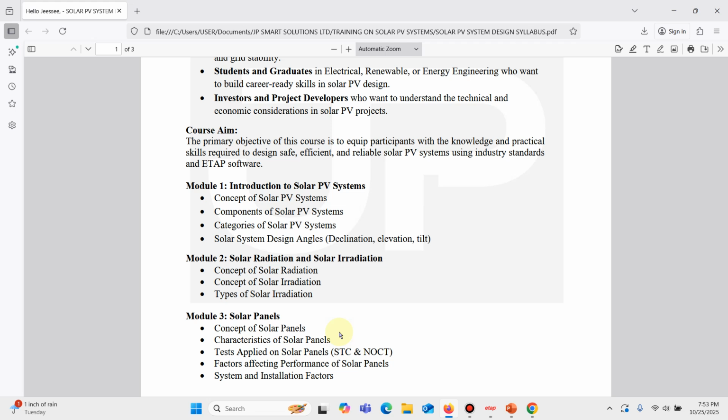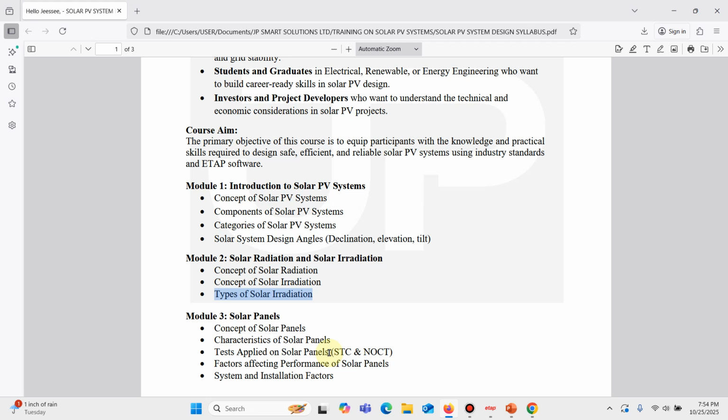So tomorrow's session, we are briefly going to explain the types of solar irradiation and then move on to solar panels in details: what they are, their characteristics, how to properly select a solar panel, and the tests applied on a solar panel to verify that it is good enough. Then we are going to talk about some issues affecting the performance of solar panels.